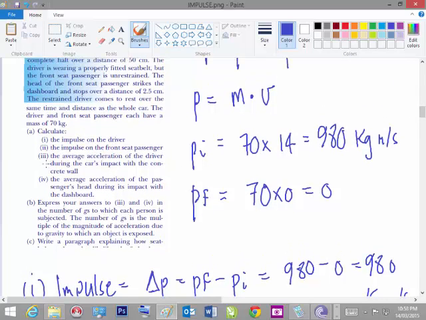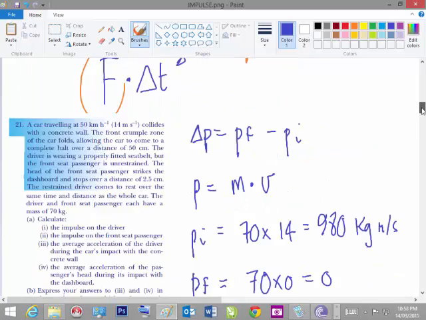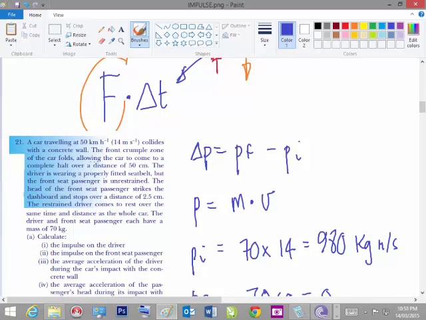So here, the third part of the question, the average acceleration of the driver during the car's impact with the concrete wall. So it says the front crumple zone of the car folds, allowing the car to come to a complete halt over 50 centimeters.